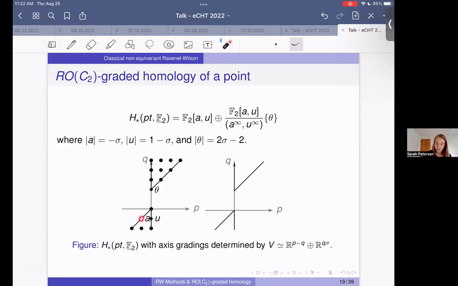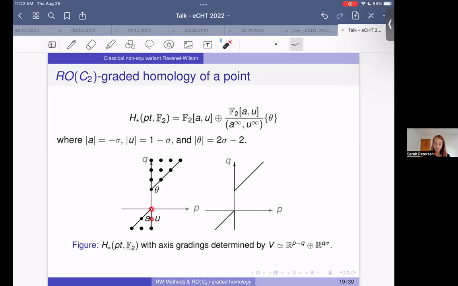So a here is living in degree minus sigma, u is living in 1 minus sigma, and theta in degree 2 sigma minus 2. So what these 2 pictures are displaying are both copies of the homology of a point.